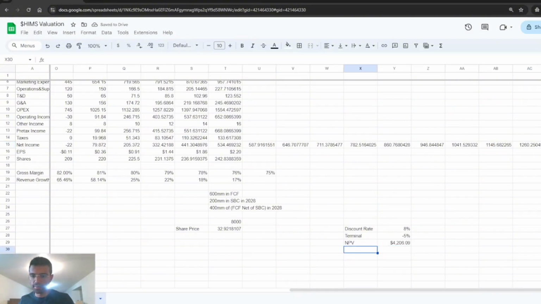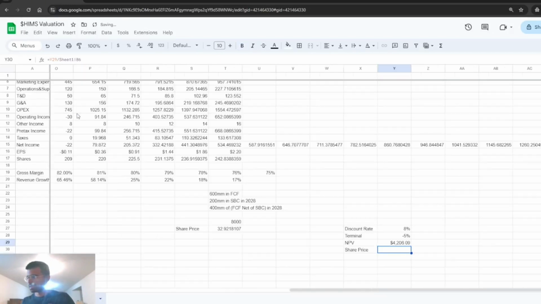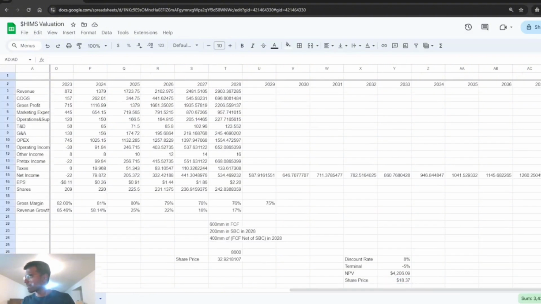And then you want to take the shares. So this is going to be the share price discounted backwards. It's this thing divided by that. Yeah, that's about $18. But I don't have enough years here. Realistically, you're going to want to do this to perpetuity.